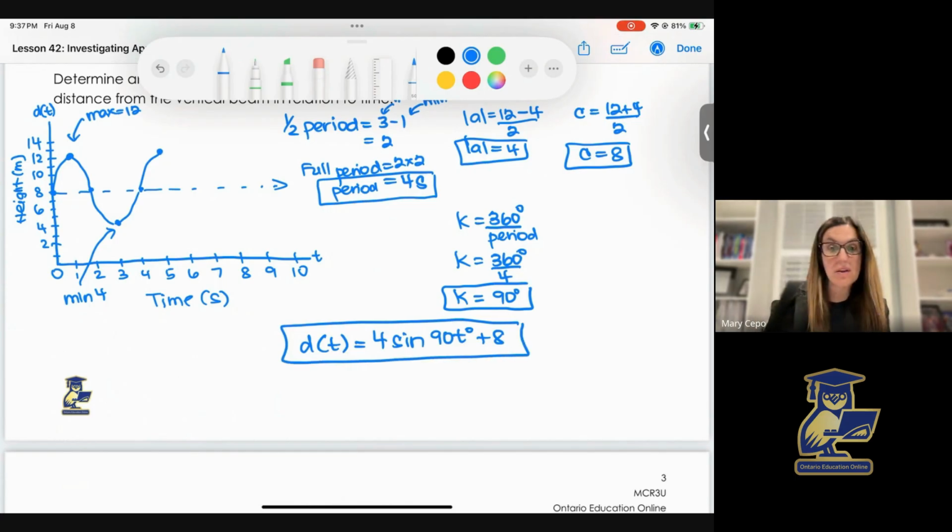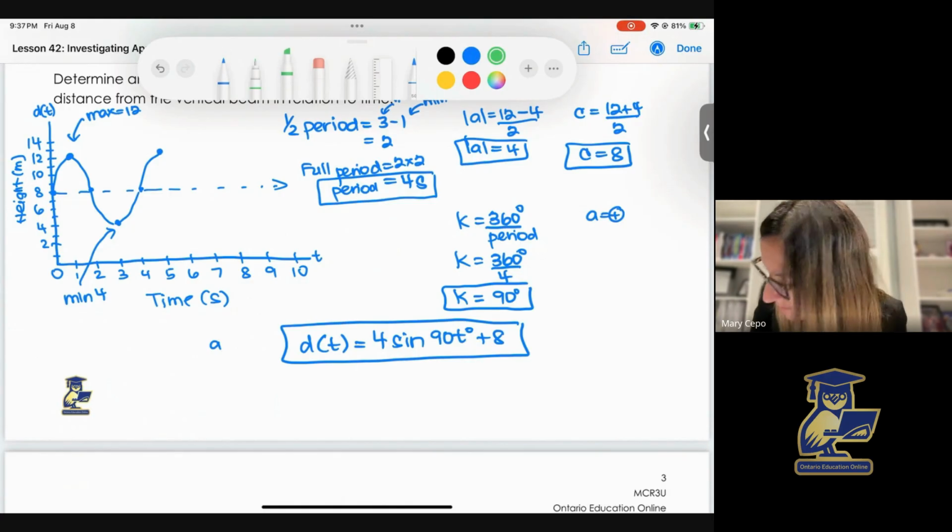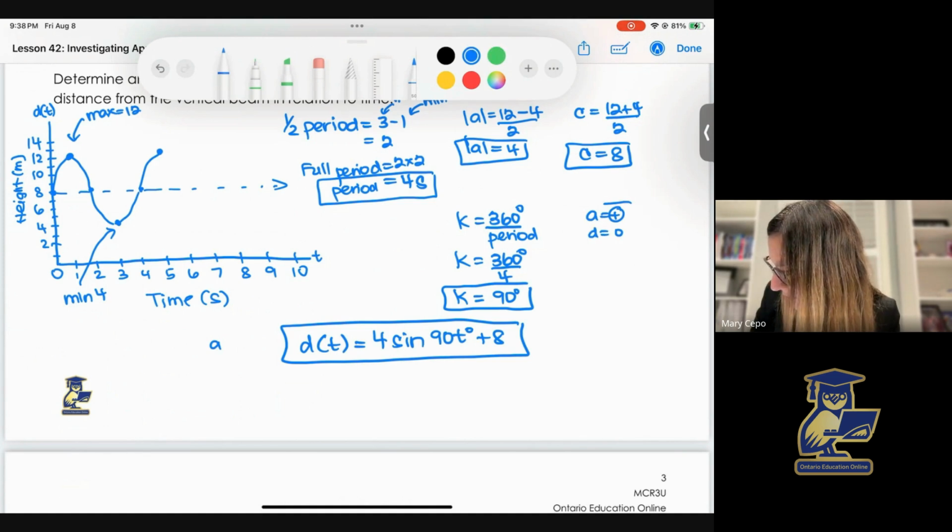Okay, however, that's when A is positive, correct? So when A is positive, we have to have a D value. When A is positive, that means we didn't start at our max, so D is equal to 0. Okay.